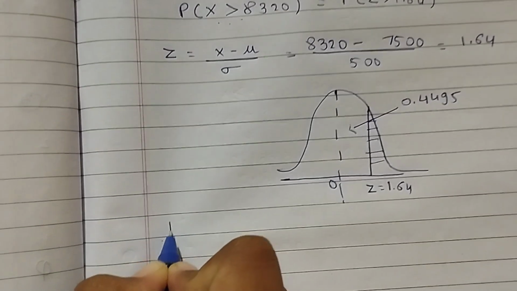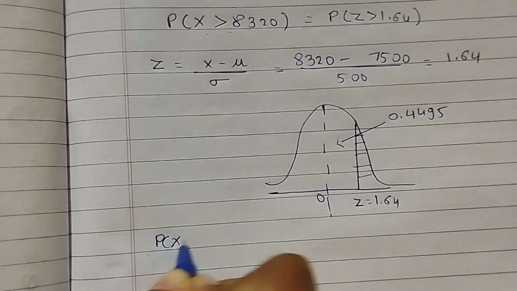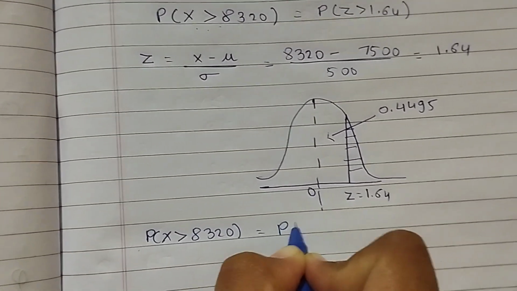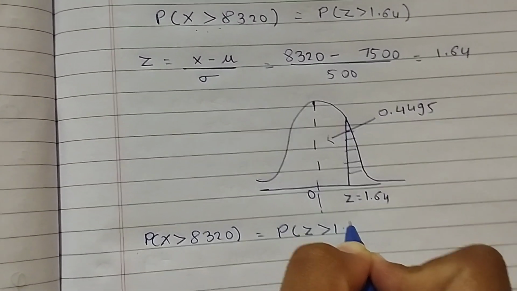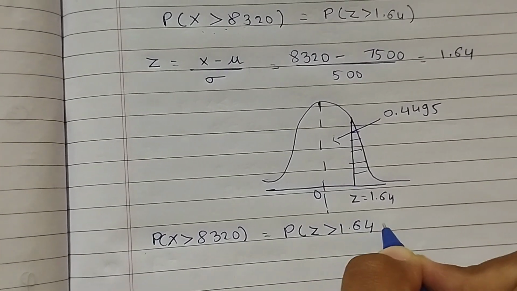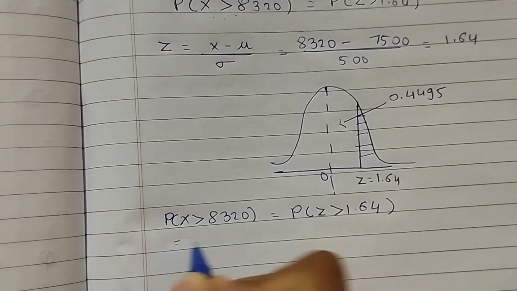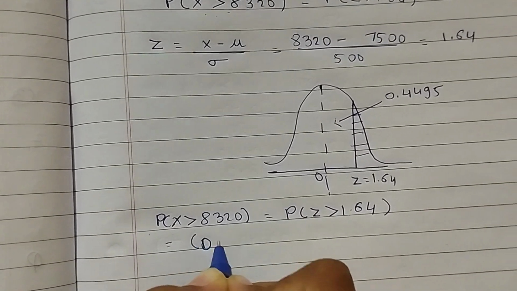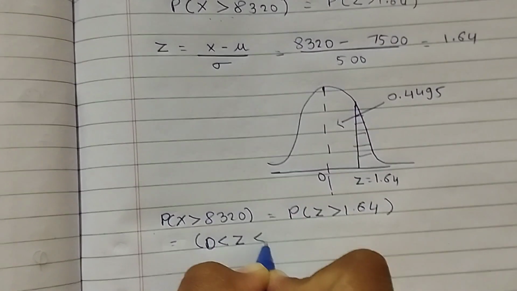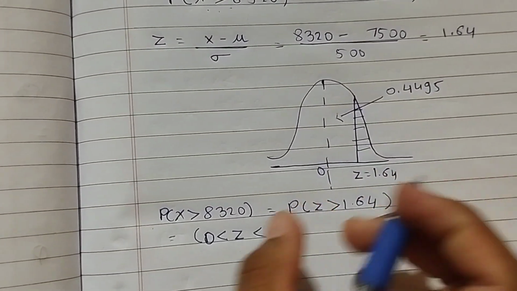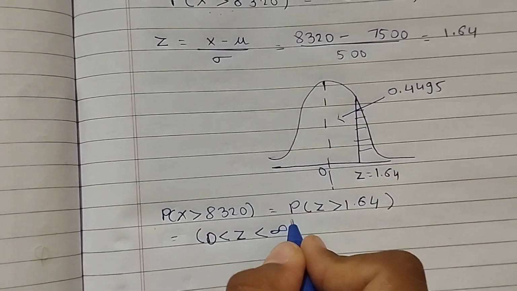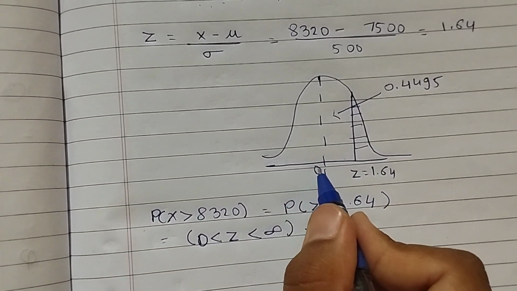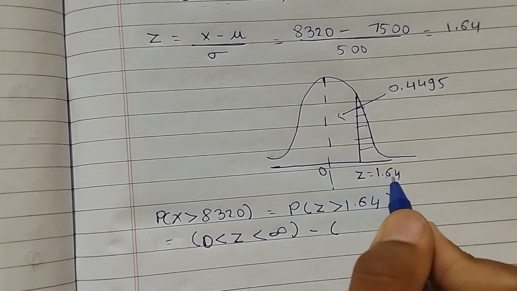So how do we write this? P of x greater than 8320 is equal to P of z greater than 1.64, and this is nothing but the right side, the area from 0 to infinity, minus the area under the curve from 0 to 1.64.